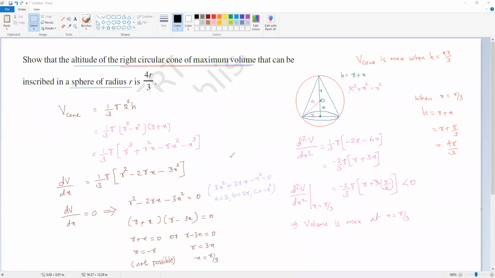Okay, so we proved that the volume of the cone is maximum when x is equal to r upon 3, and at that time the height of the cone is equal to 4r upon 3.